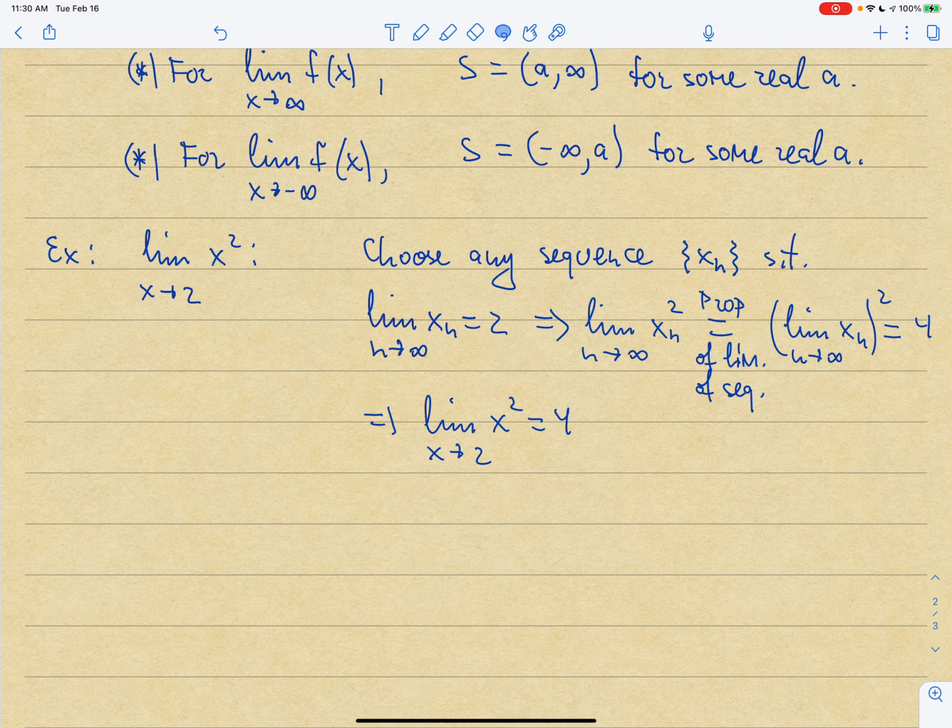So then from the definition of the limit of a function, the limit of x squared must be equal to 4.